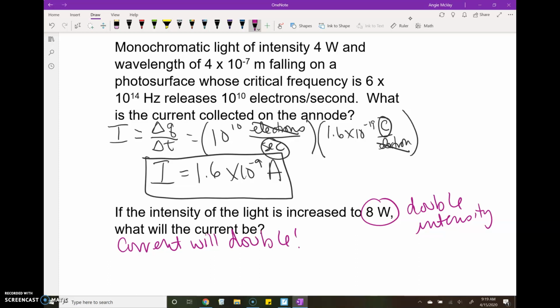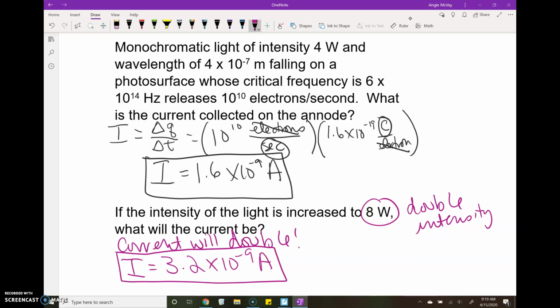We just take the current 1.6 times 10 to the minus 9 and double it, since intensity is represented by wattage or power. So 1.6 is doubled to 3.2 times 10 to the minus 9 amps. It seems tricky, but again, a conceptual answer is necessary here.